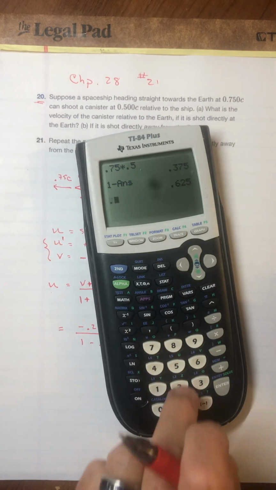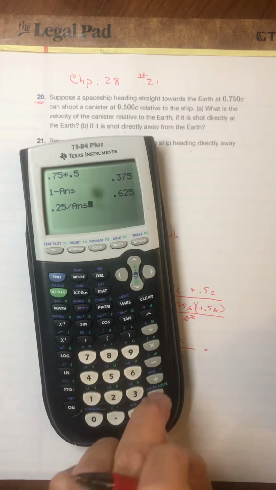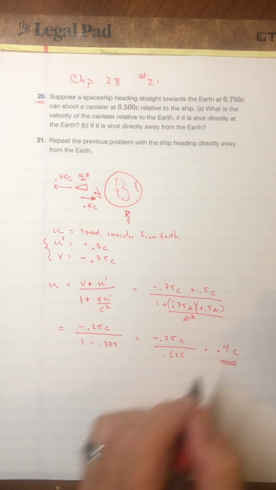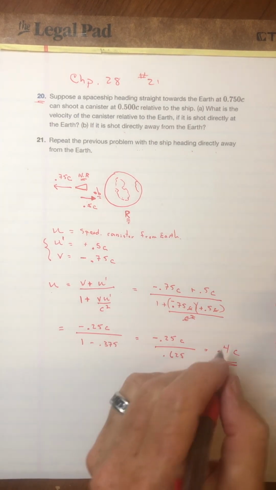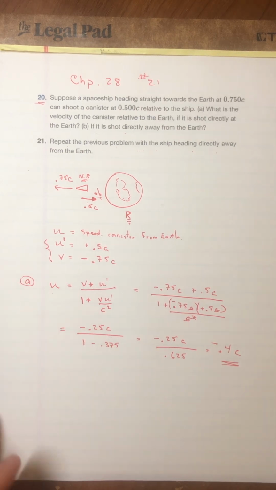And then 0.25 divided by that last answer is 0.4 c. Okay, oh, negative. And so there would be the answer to A.